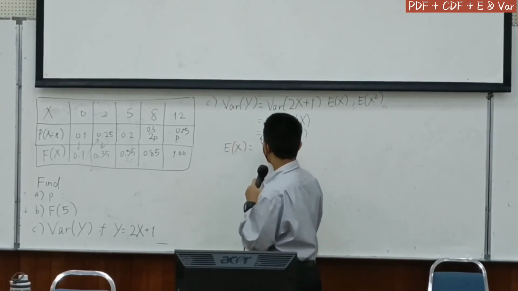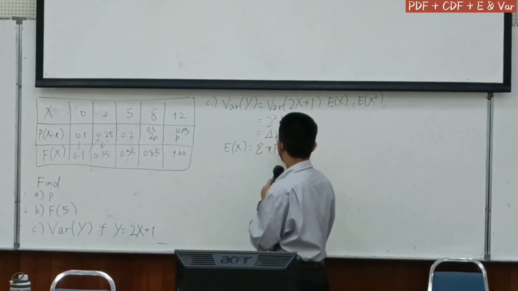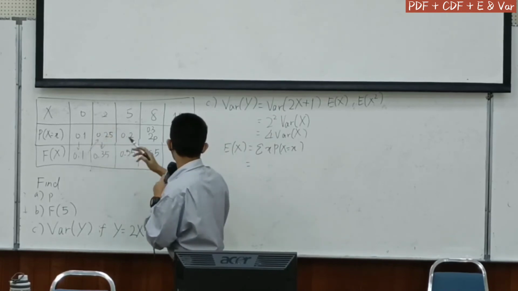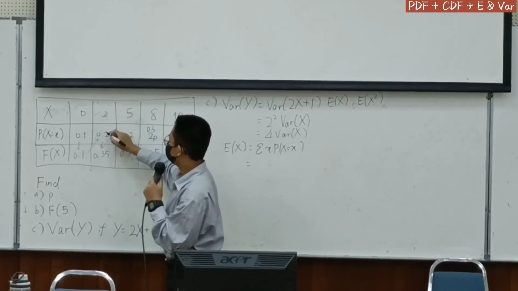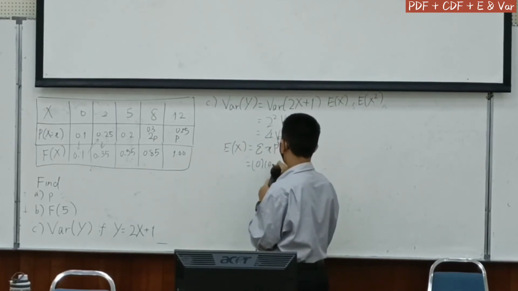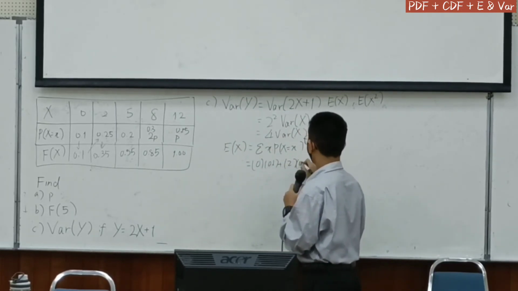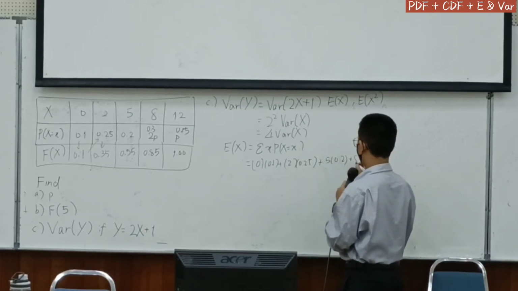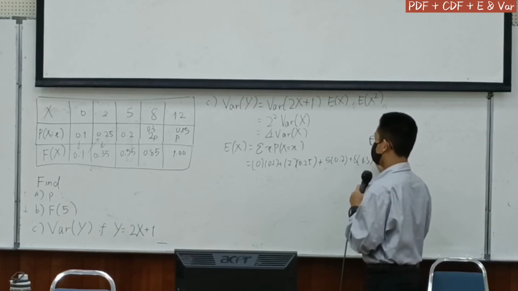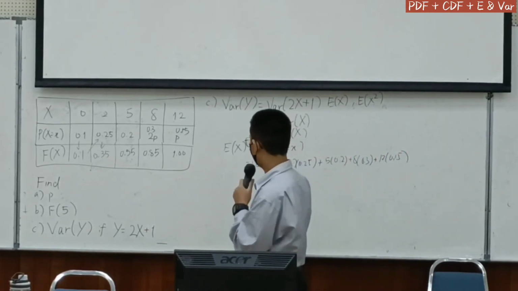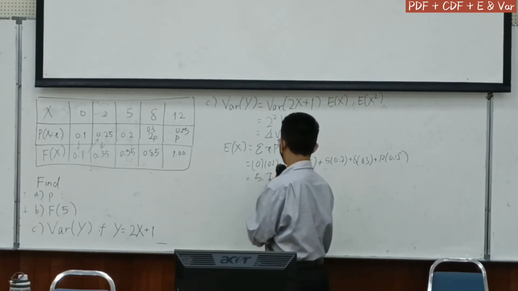E(x) equals the sum of x times the probability. So we do this times this, plus 2 times 0.25, and so on. So this is 0, 1. And then we will get 5.7.